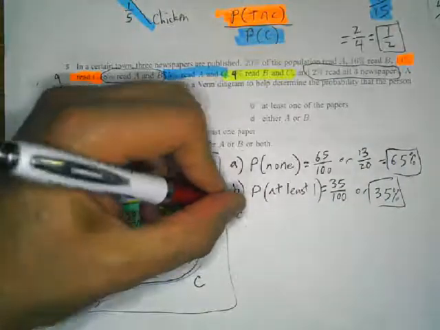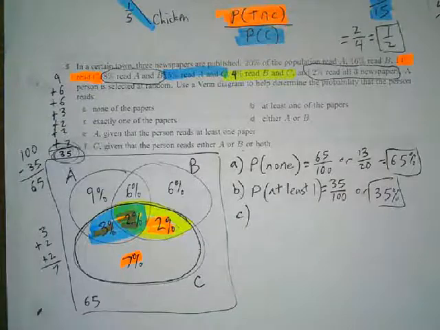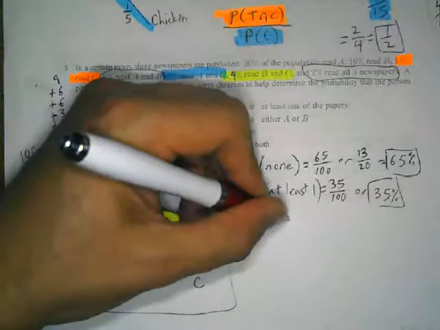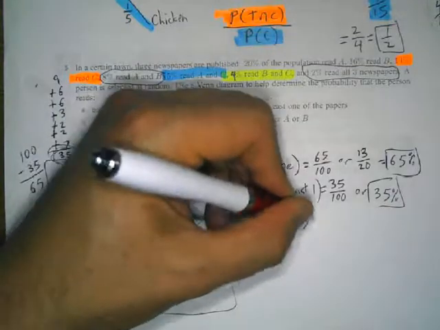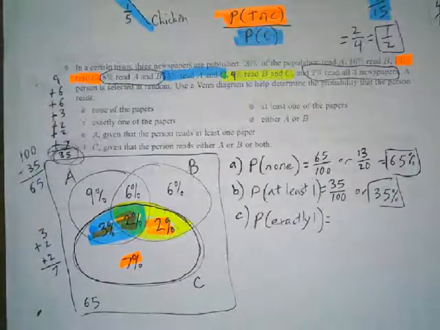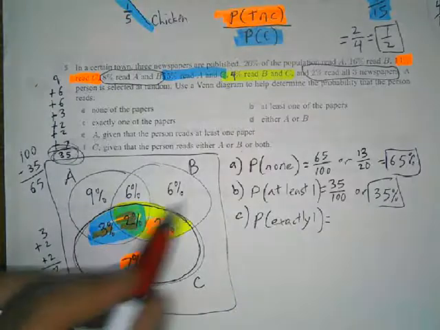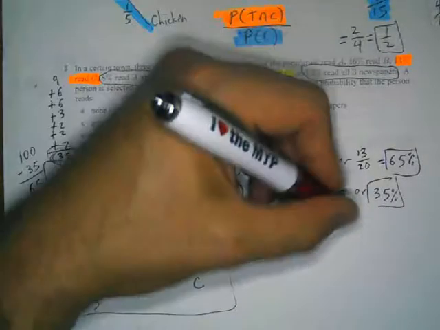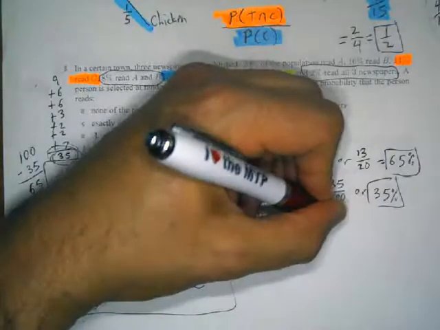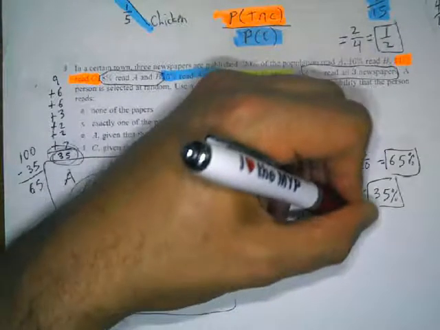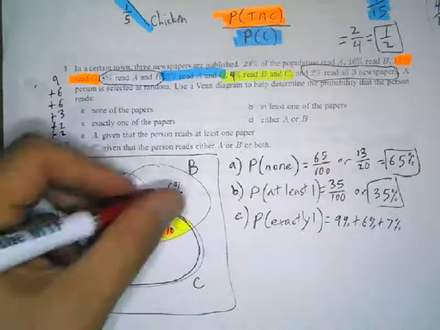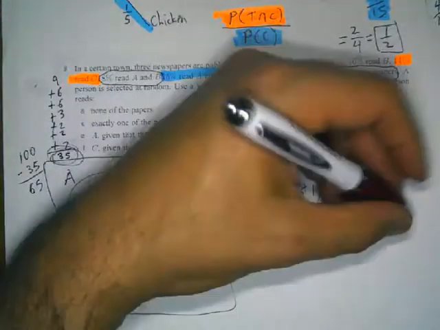C. Exactly one paper. So exactly one is going to be 9 plus 6 plus 7. So 9% plus 6% plus 7% is going to give me 22%.